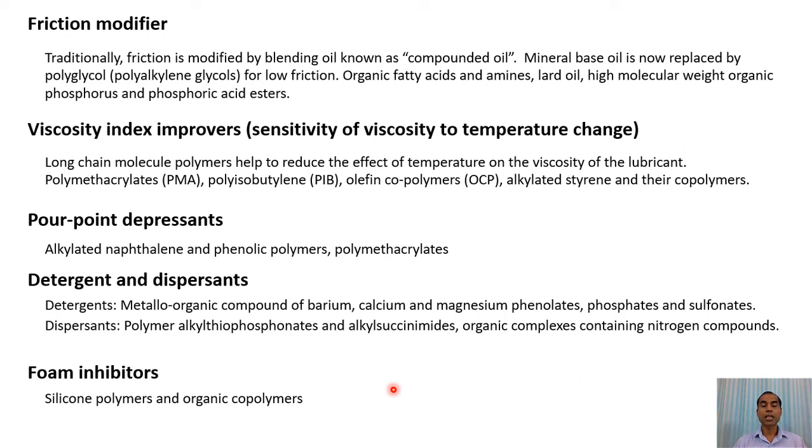Other than these additives, there can also be emulsifiers or de-emulsifiers depending upon the application. So for example, cutting fluids may have emulsifiers so that oil and water mixture can be made to be used as a cutting fluid. So depending upon application, some more additives may be added, but these are the main additives for most of the lubricating oils.